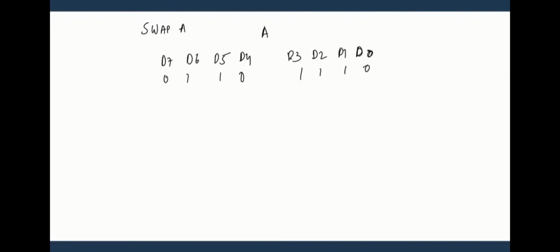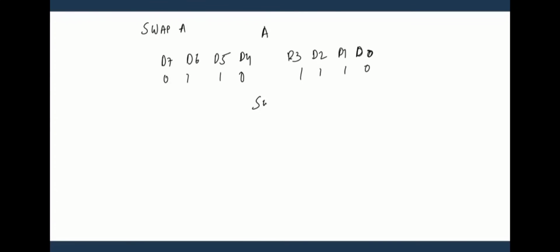One more instruction is the swap instruction. Swap means we are interchanging the lower nibble with the higher nibble. That means the lower 4 bits are changed to the higher 4 bits, and the higher 4 bits are changed to the lower 4 bits. Let this register contain D0, D1, D2, D3, D4, D5, D6, D7, a particular number, with bit values 0, 1, 1, 0, 1, 1, 1, 0.